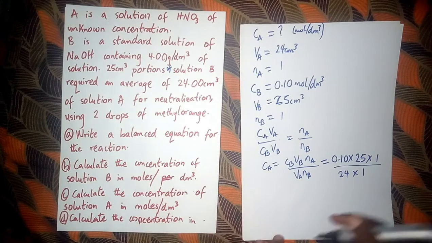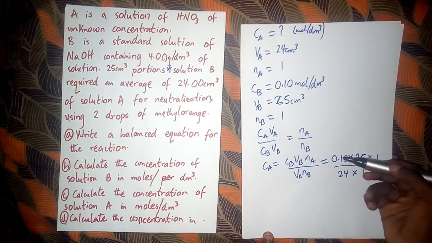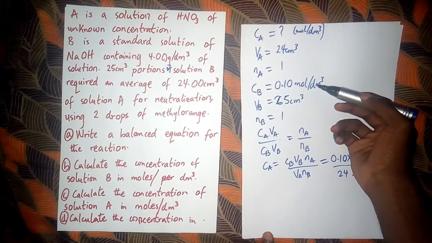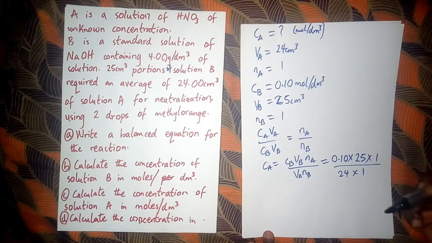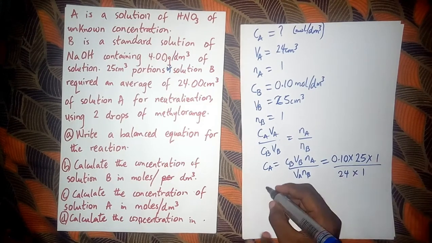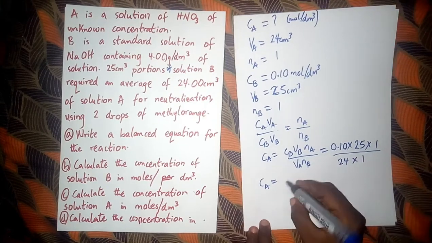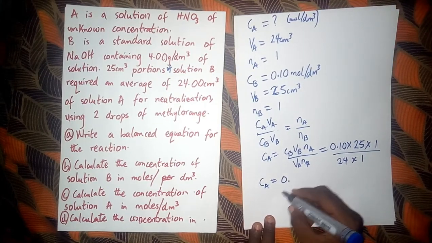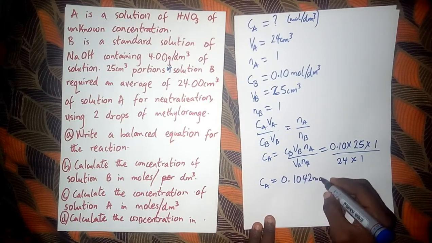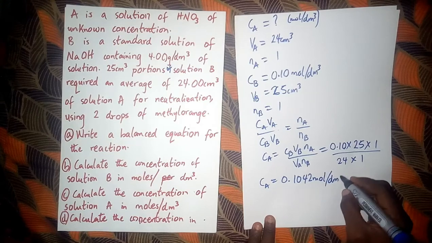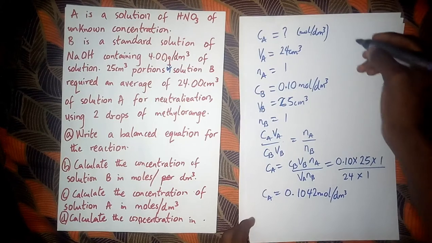It's important to know that the volume is in cm cube, but it won't affect this because the cm cube units divide out. So if we multiply this together, our CA gives us 0.1042 mole per dm cube. So that's for our C.